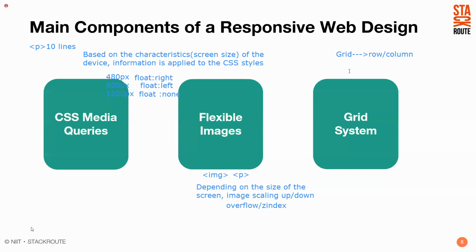Whereas the fluid grid system is always based upon the page element size. So equal proportions of content, I'm going to place in row and column fashion. Again, whenever the screen size varies, it automatically fits on my screen regardless of the size.